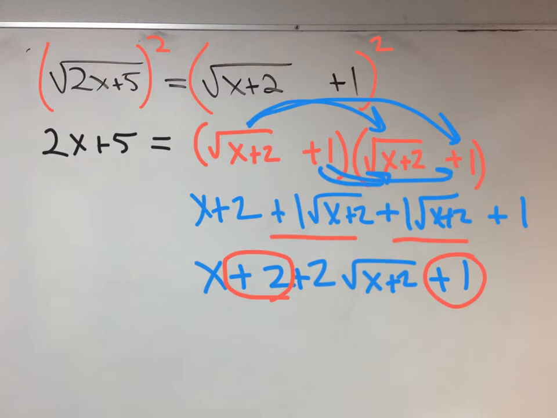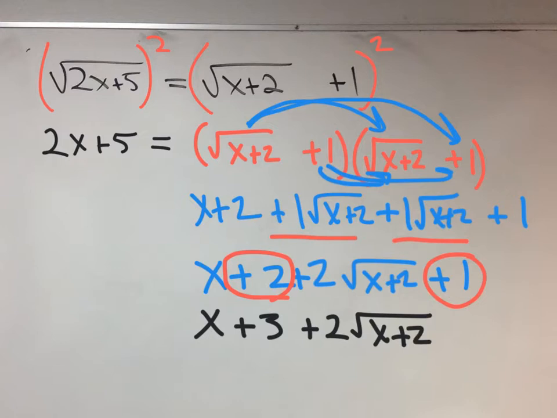So let me rewrite my final simplified right side of the equation here. It's going to be x plus 3, because 2 plus 1 is 3, plus 2 square root of x plus 2. And let me bring down the equal sign. Let me bring down the left side, 2x plus 5.